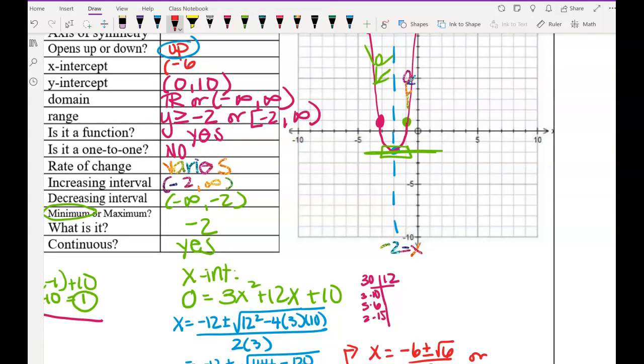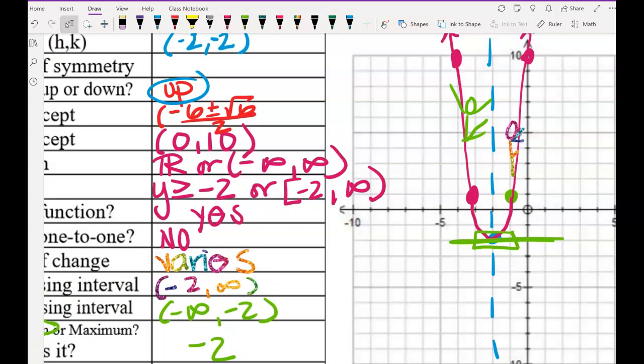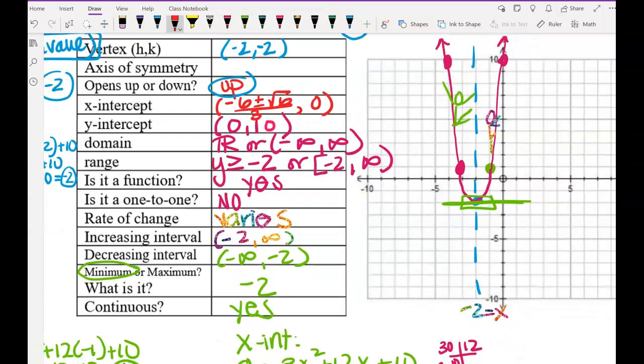So negative 6, I'm going to do a plus or minus rad 6 all over, was it 2 or 3? 3. So erase the 2. And I think I need to put the 10 back since I accidentally deleted that, comma, 0. And that's going to be your 2 x-intercepts.